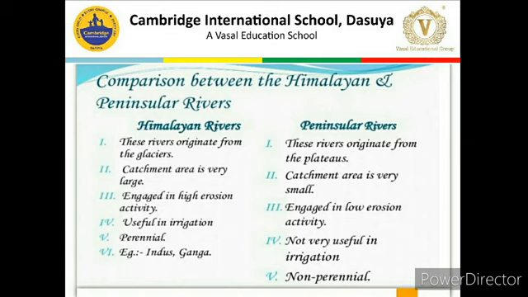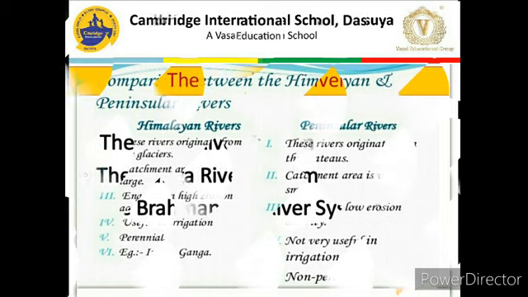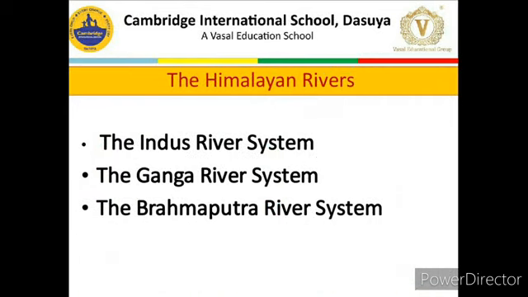Now, I am going to list the main river systems of India that we are going to study in detail in our video lessons later on. So let's just enlist the rivers right now. I'm going to divide the river system into two broad headings. The first one is the Himalayan rivers.